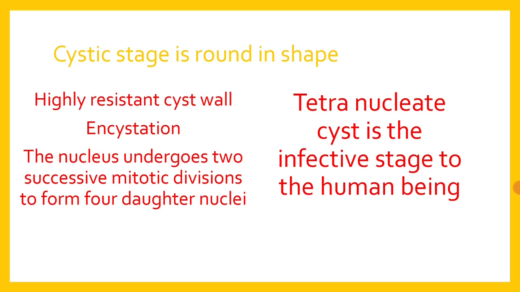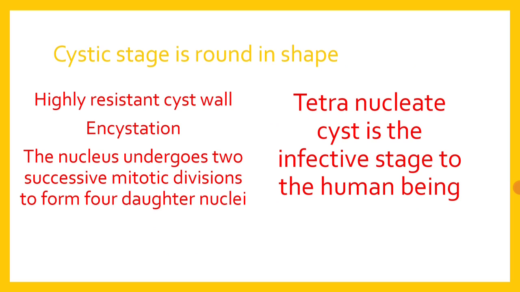Tetranucleate cysts come out through fecal matter, which enters the soil, and houseflies act as transmitting agents. Houseflies alight on the fecal matter, visit nearby ponds, and the tetranucleate cysts get attached to the body of the houseflies.